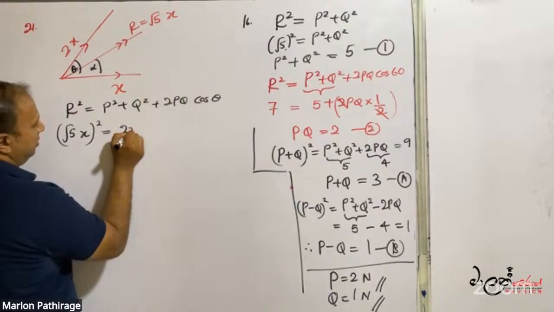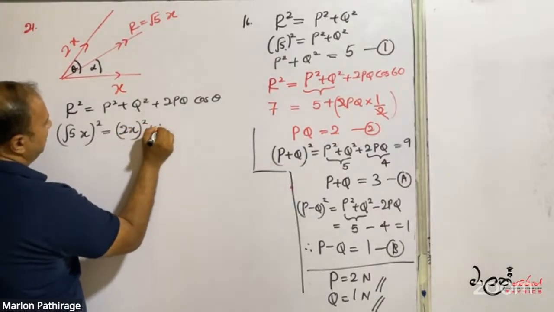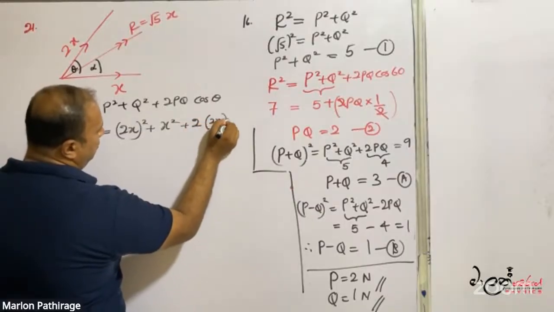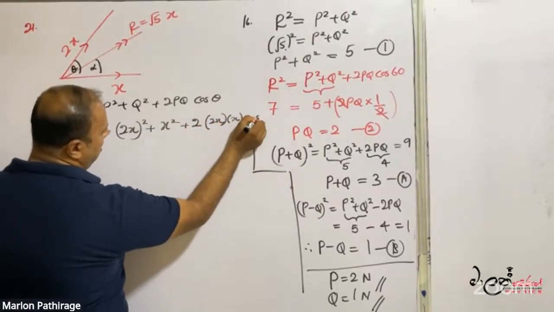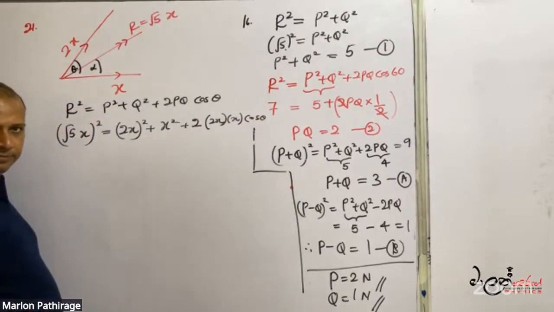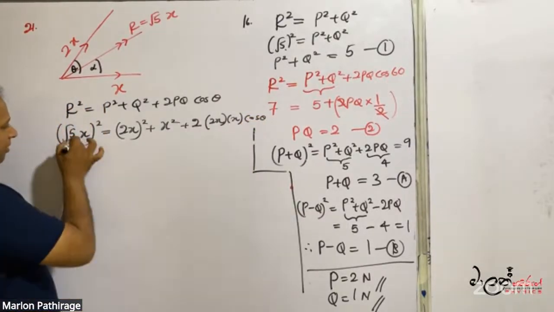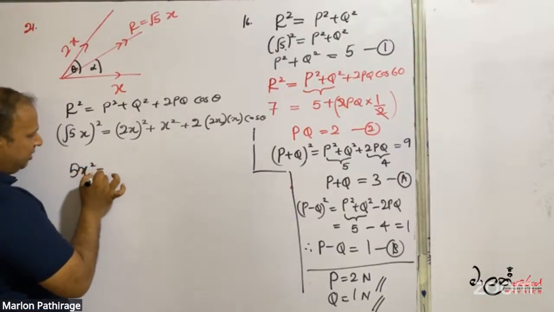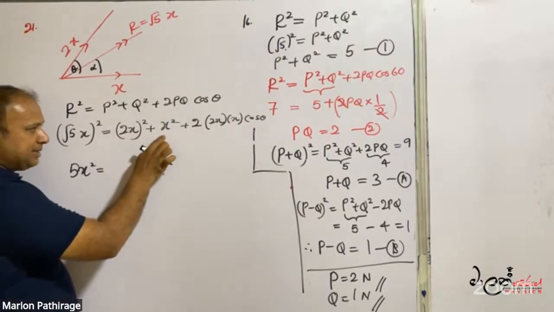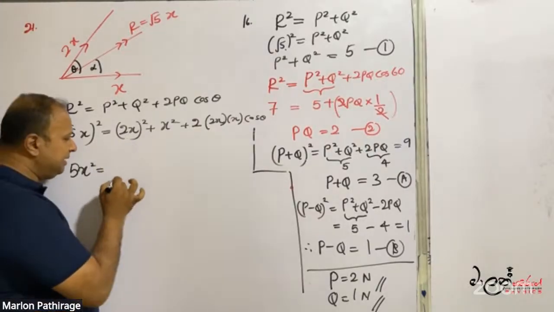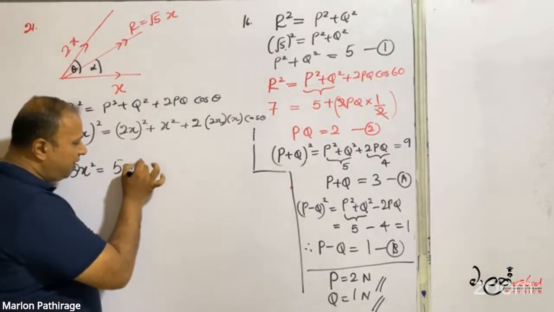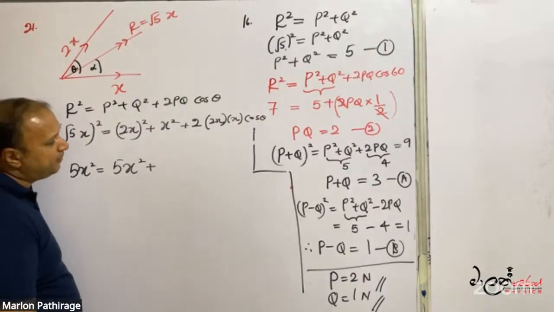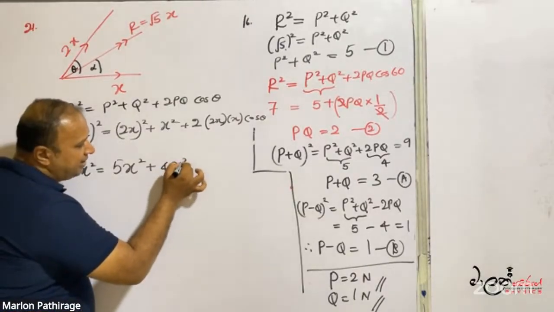Here, 2x squared, x squared, 2 times 2x times x cos theta. Root 5 squared means 5x squared. 4x squared plus x squared also equals 5x squared. Here 2 times 2x times x is 4x squared cos theta.